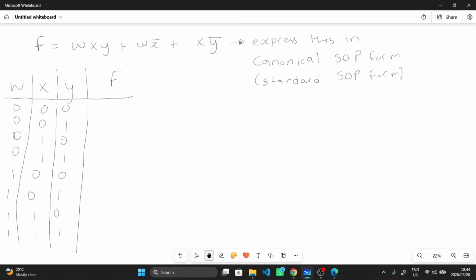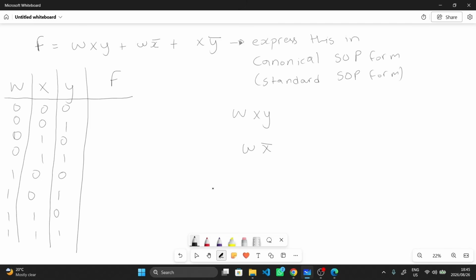Another way to do it is you have your w, x, and y. So that is all the terms, right? We have four terms here. We check w, x, x complement.